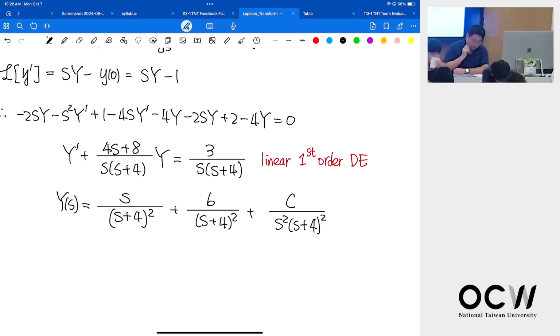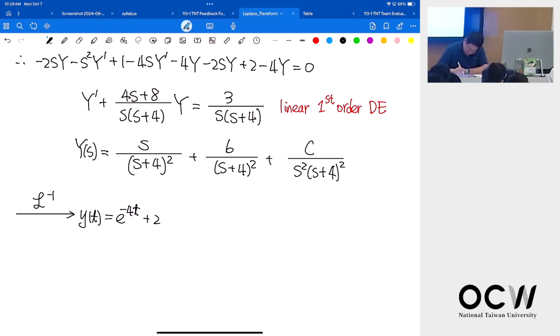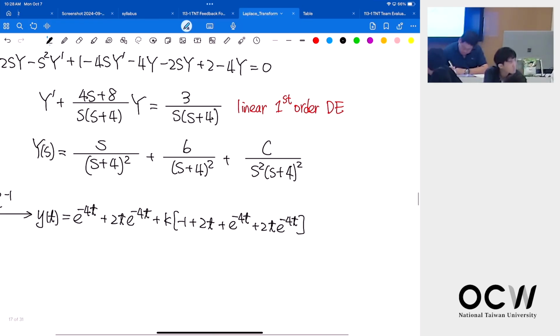So you can take the inverse Laplace transform. Okay, check the table. Then you'll get the solution back in the time domain. And your k is c over 32.